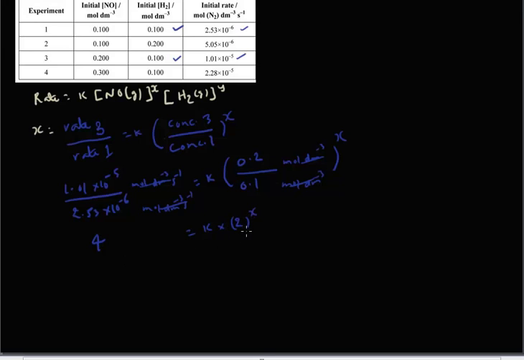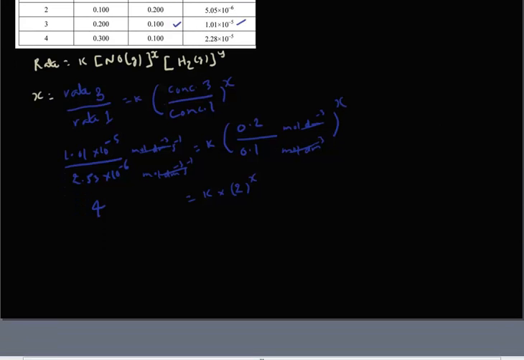So this is our rate, and that's our concentration of nitrogen 2 oxide. I can rewrite this relationship as 4 equals K times 2 squared. So that means the power of nitrogen 2 oxide is 2.